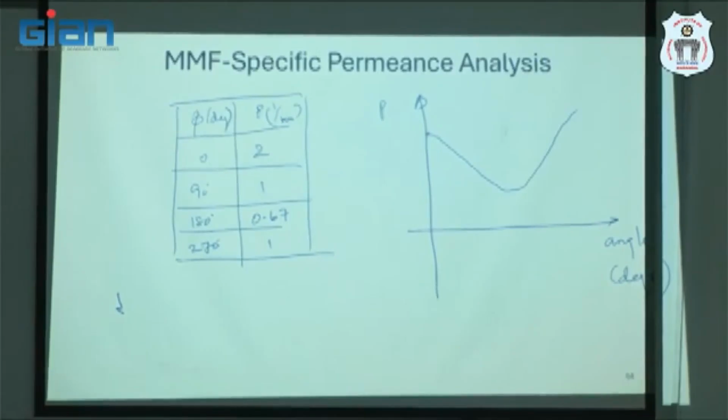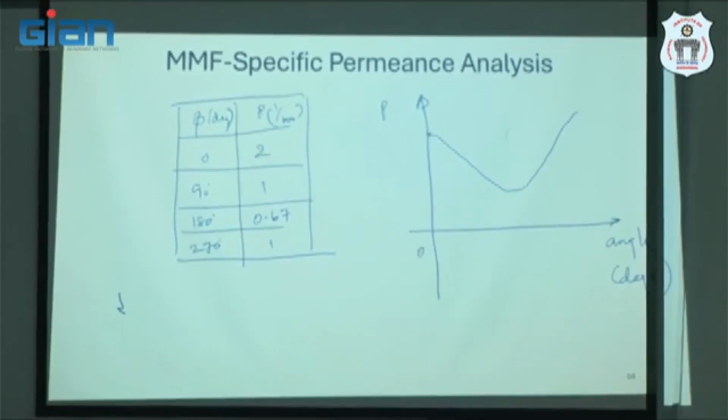So the angle when it is 0, I have a peak value, and when it is at 180 degree, I have a minimum value, and at 360 degrees it goes back to the original. The reason I am not bothered about the values at this point is I just wanted to look at the function and tell me what mathematical function it resembles.